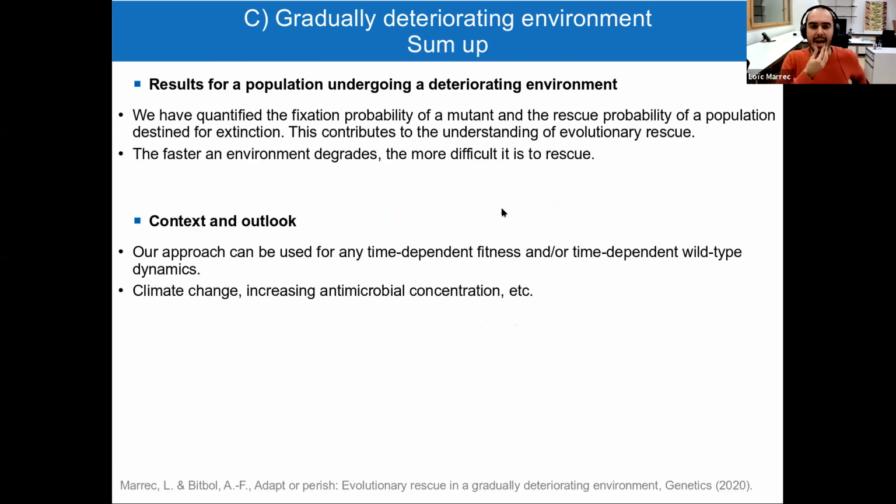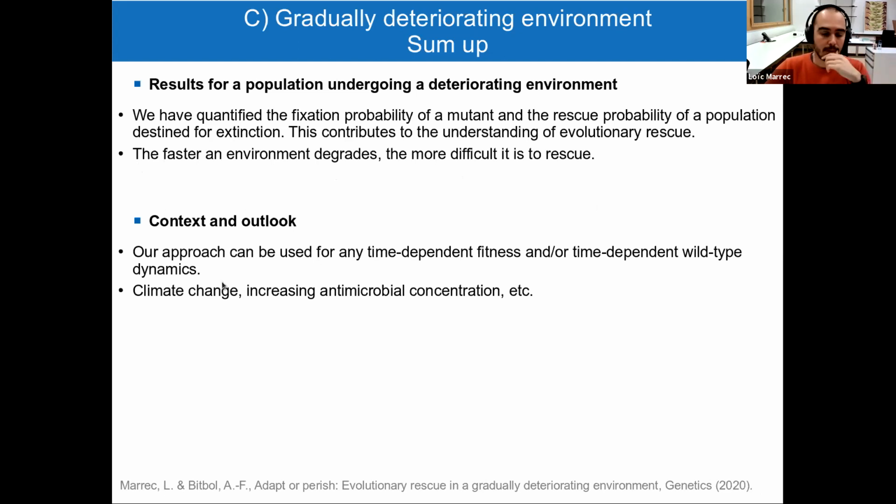Okay, and so yeah, maybe I can sum up this part. So we have quantified the fixation probability of a mutant and the rescue probability of a population destined for extinction, and this contributes to the understanding of evolutionary rescue. And the faster an environment degrades, the more difficult it is to rescue.